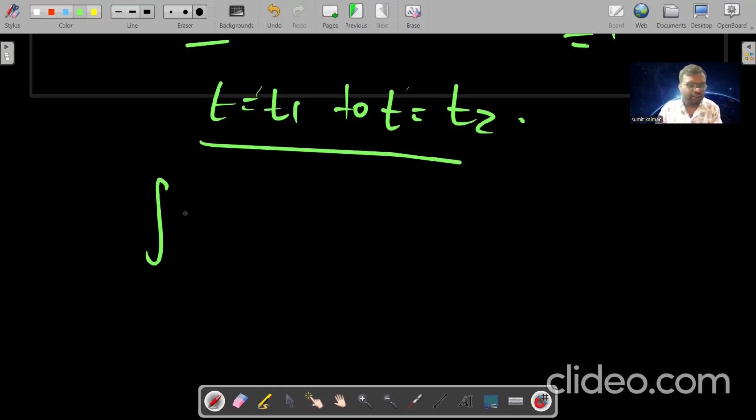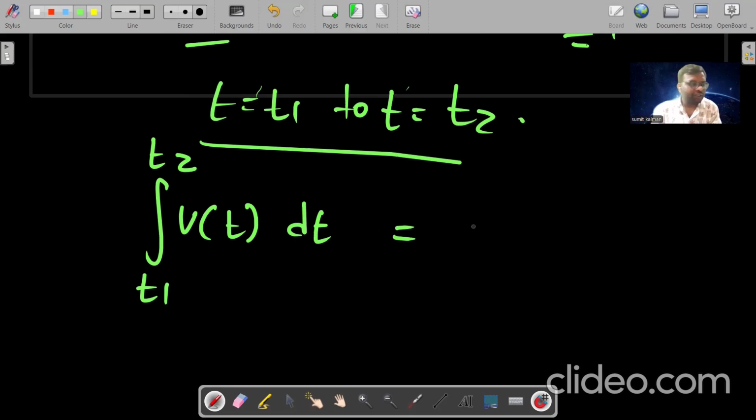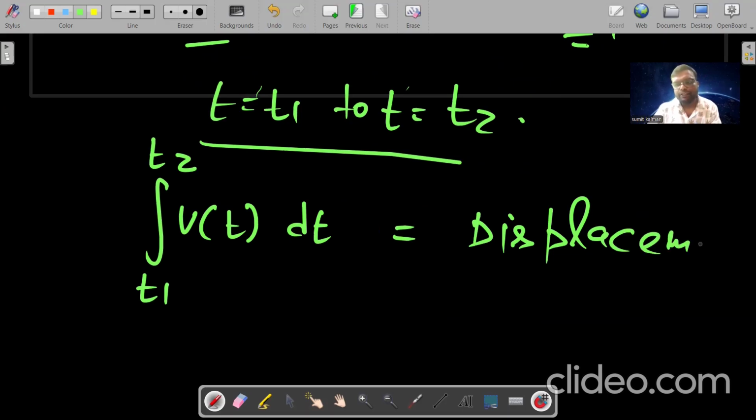If we have velocity as a function of time between the limits t1 to t2, and you integrate it with respect to time, then it will give displacement. So here, friends, this integral of v(t) dt is representing the area under the velocity time graph, and it will give displacement.